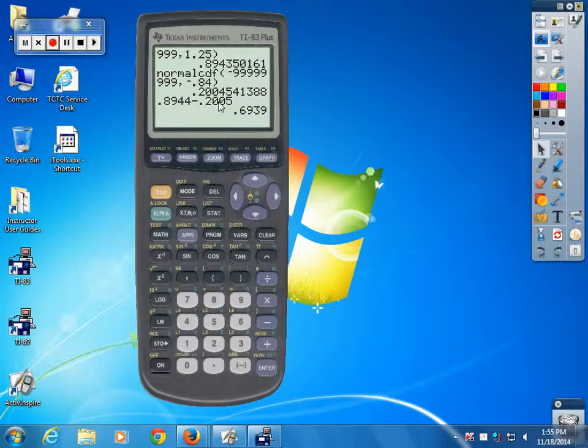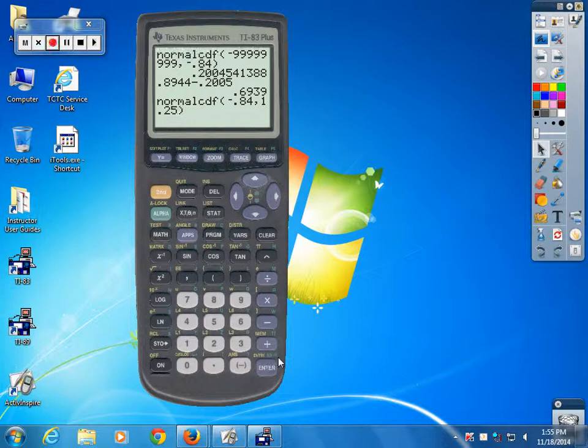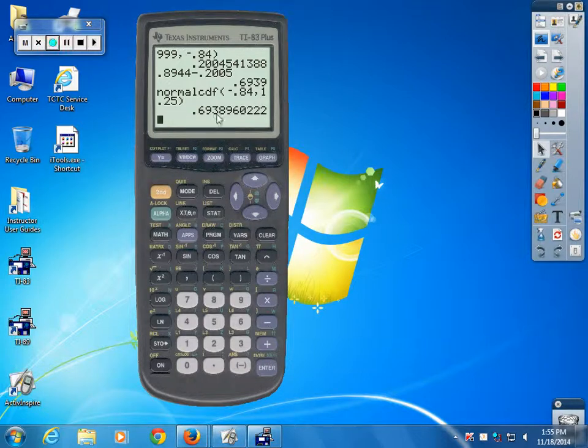All right, so now let's check it by doing it just from left to right, and not subtracting the smaller from the larger. Second, enter. I'm going to punch in negative 0.84, comma, 1.25, and enter. 0.6939.